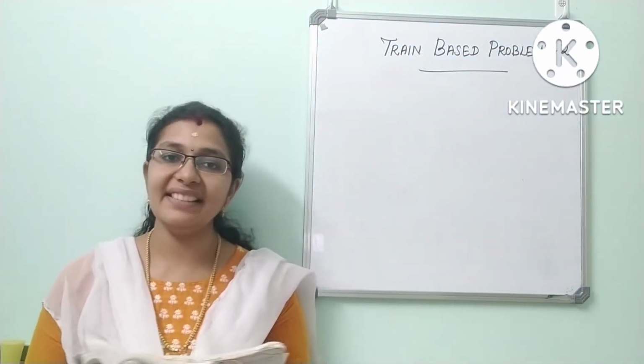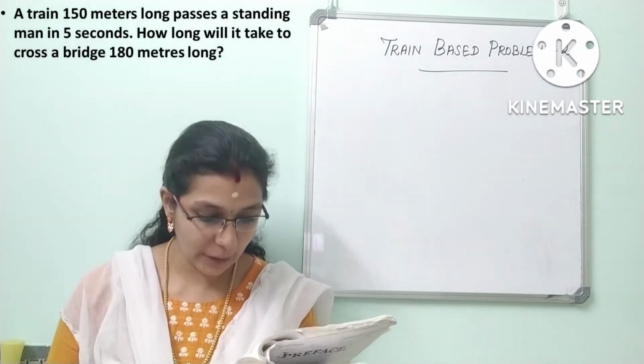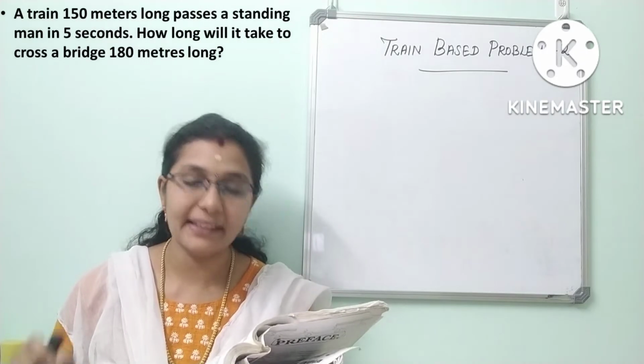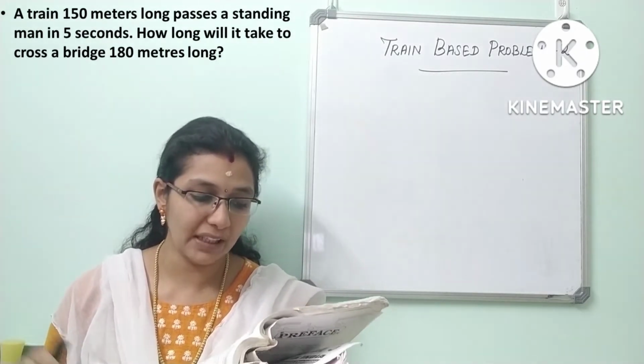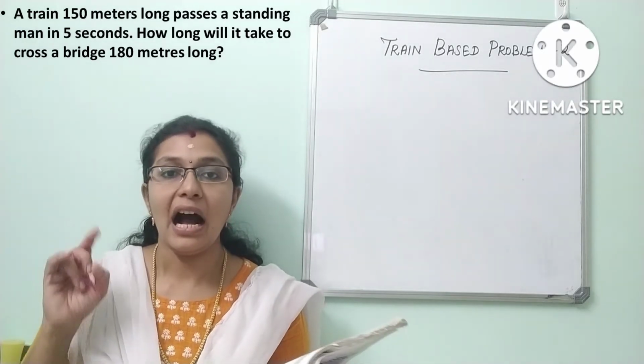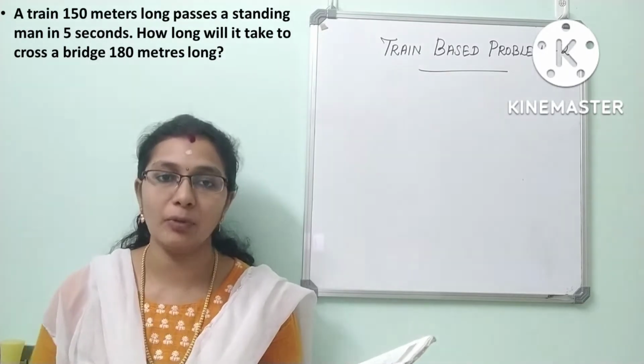Yes. So let's start with the first question. A train 150 meters long passes a standing man in 5 seconds. How long will it take to cross a bridge 180 meters long? So here a man, a bridge and a train are involved. Okay, so let us write down what all is given.